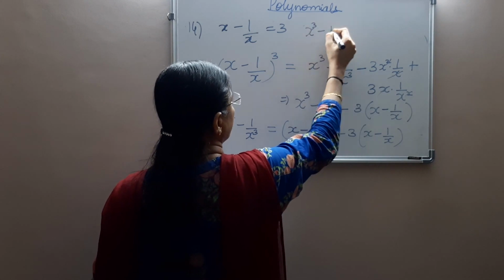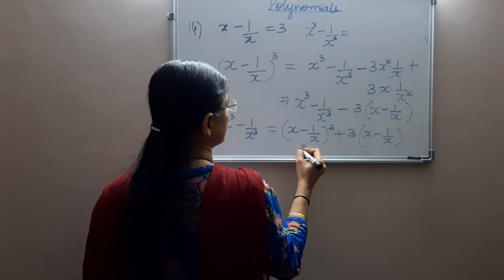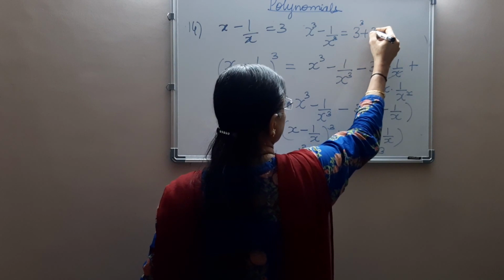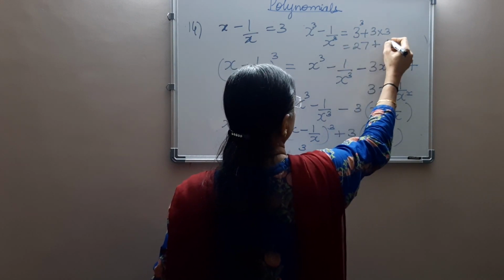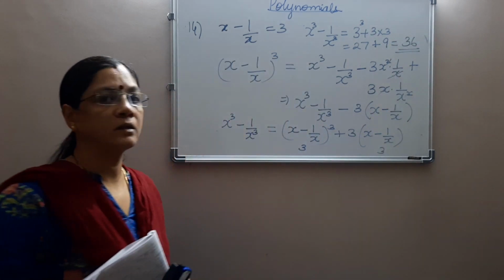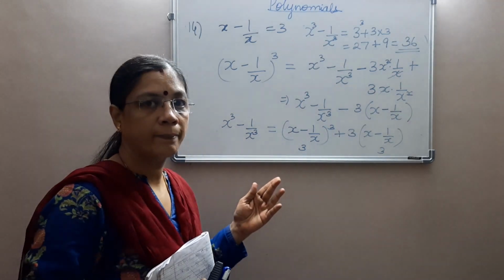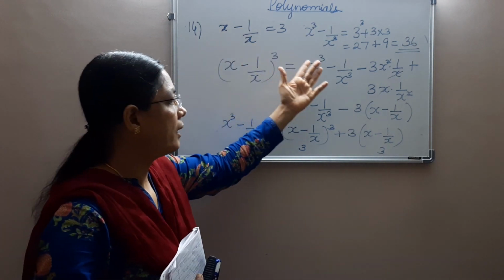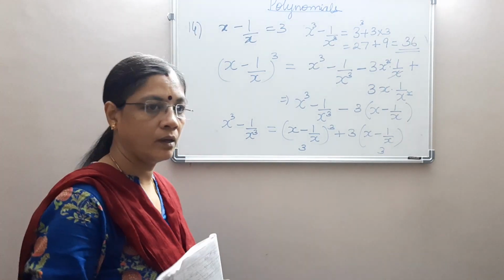So x cube minus 1 by x cube is equal to, you substitute 3 here, 3 cube plus 3 into 3. So 27 plus 9, which will give you 36. So what is the answer? The answer is 36. So see, how do I get this? We have to keep the given data and use it appropriately by simplifying the identity. Okay.